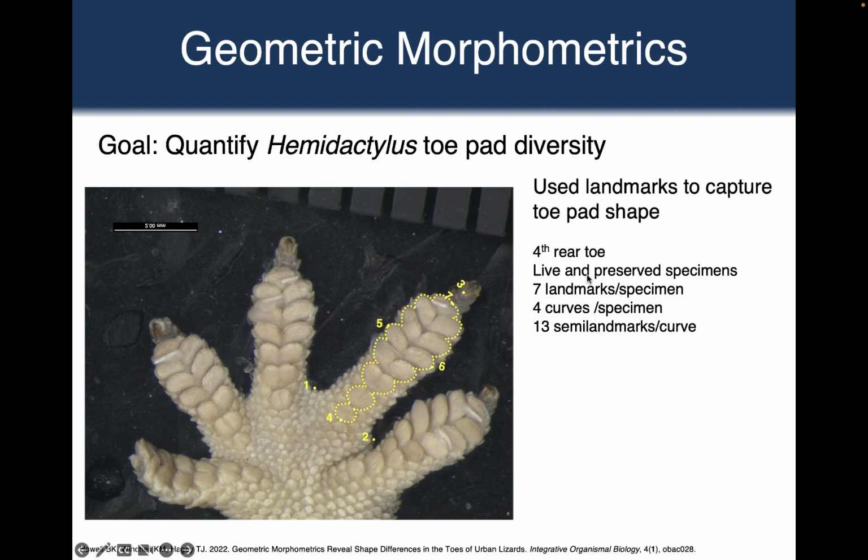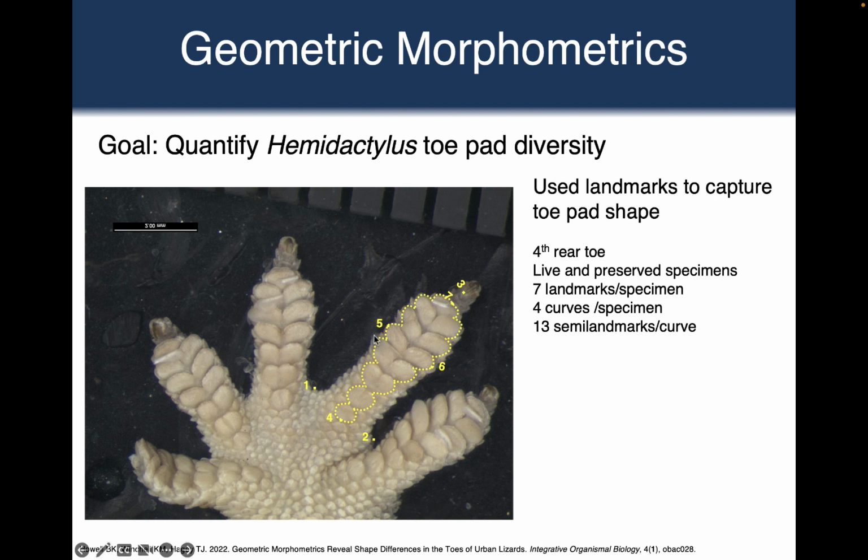And we used a handful of landmarks to kind of capture the toe shape as well as the toe pad shape and its location within the toe. So we had 2 landmarks at the base of the toe where the toe meets the palm on the left and right sides. And we had 1 landmark at the base of the claw. And then we had 4 landmarks that captured the adhesive part of the toe: 1 at the proximal end, 2 at the widest points, and 1 at the distal end of the adhesive area of the toe.